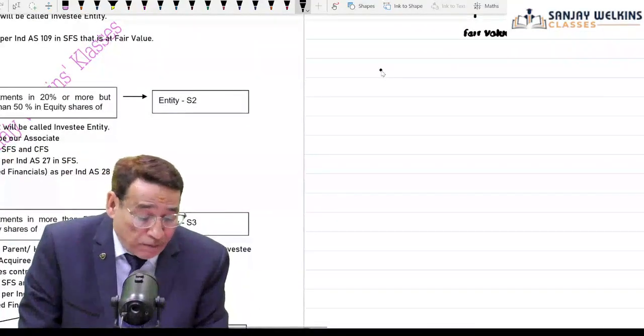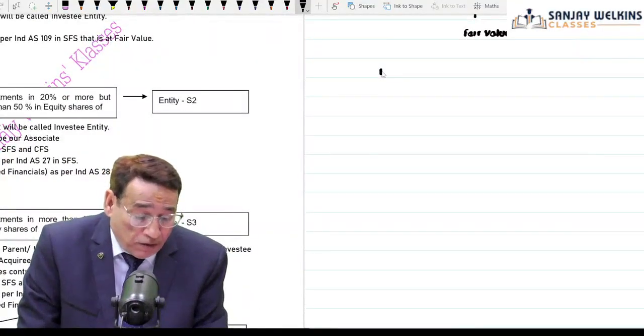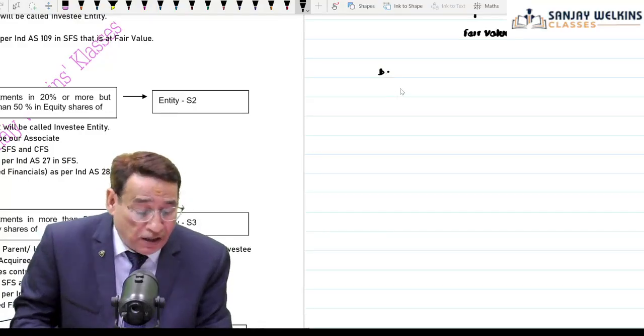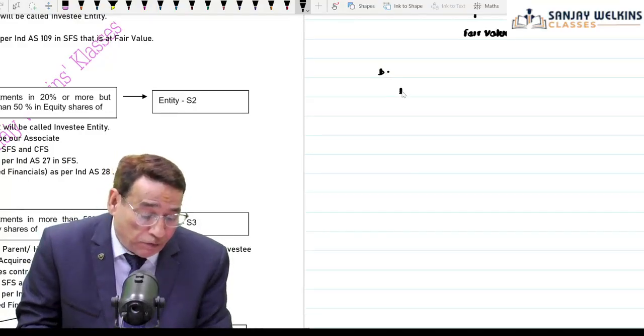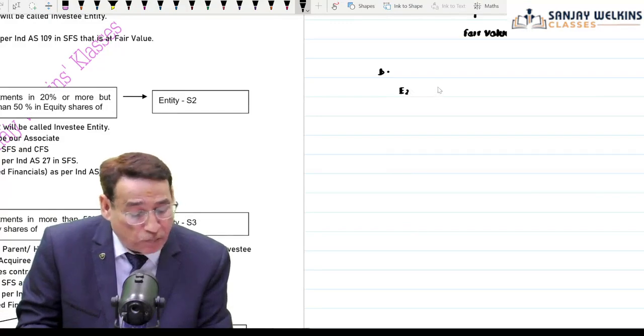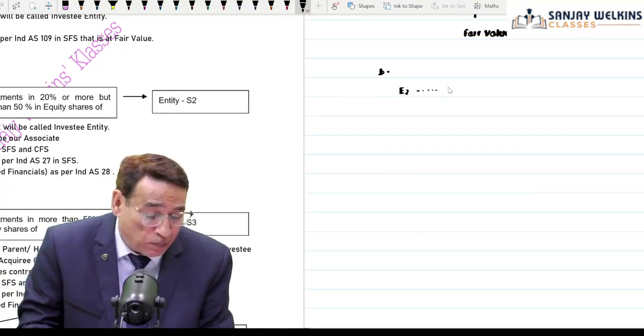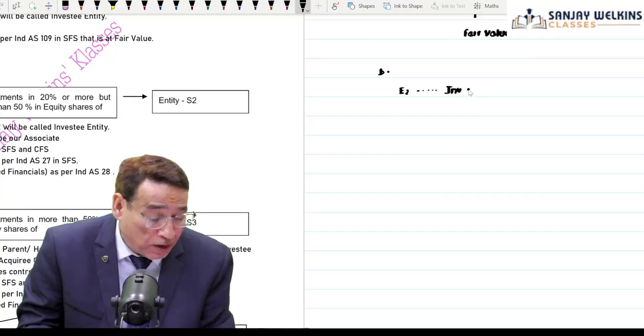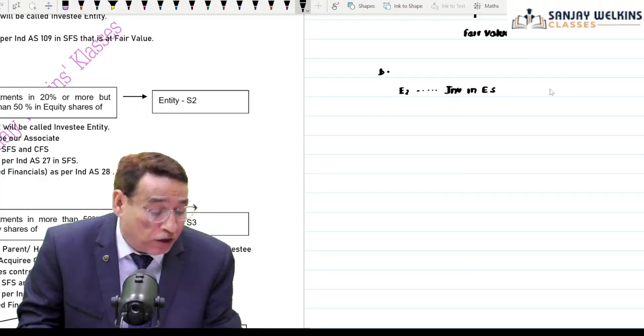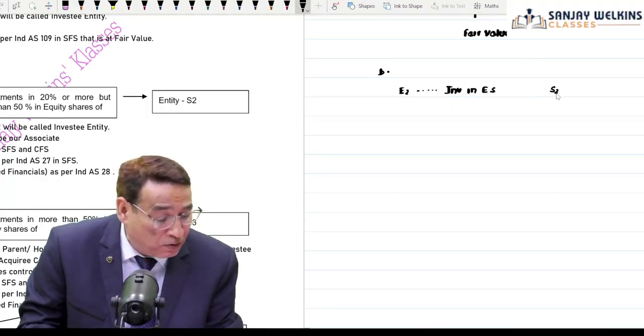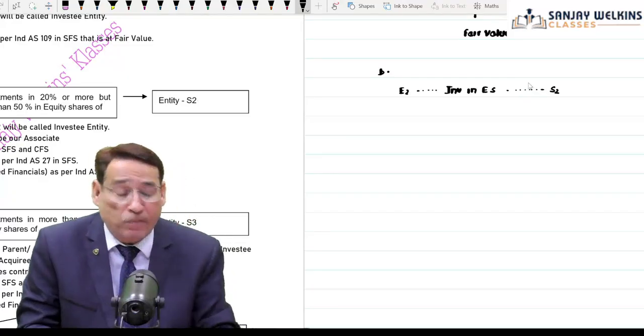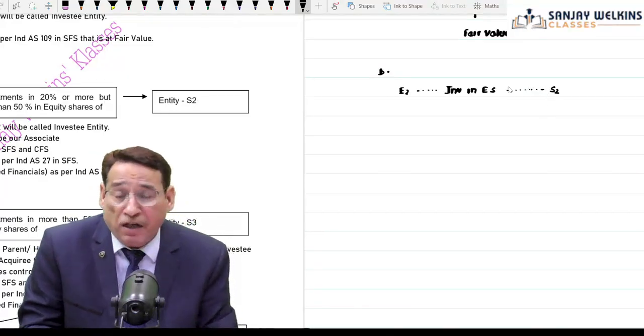Now, the second point is that we presume there is another entity by the name of E2. Once again, this entity has made some investment in the equity shares of S2 Limited.